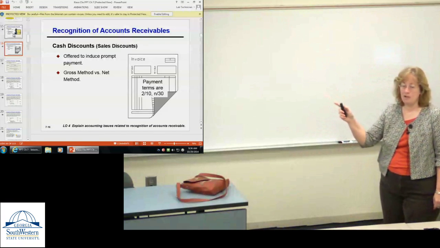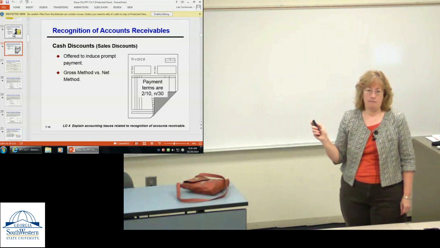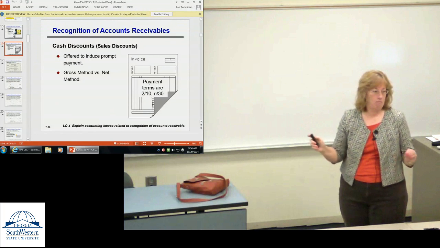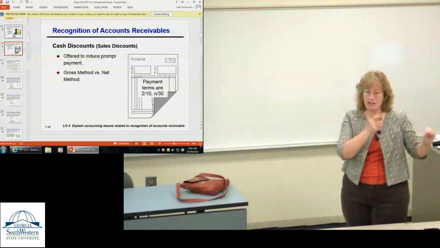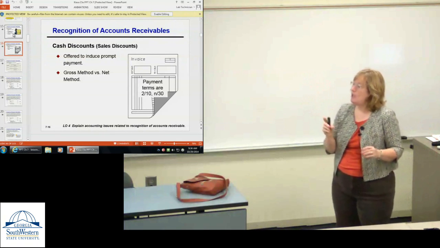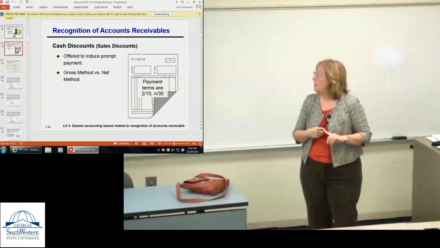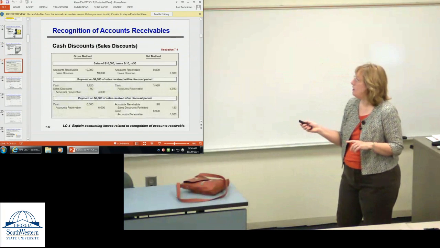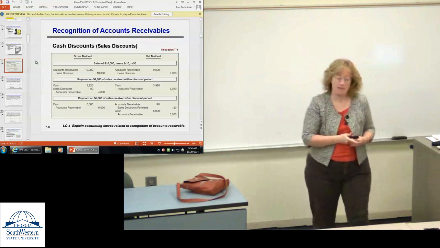and we can use either the gross method or the net method to record the sales price and the accounts receivable. Gross and net refers to what we're going to record the accounts receivable and sales revenue at.